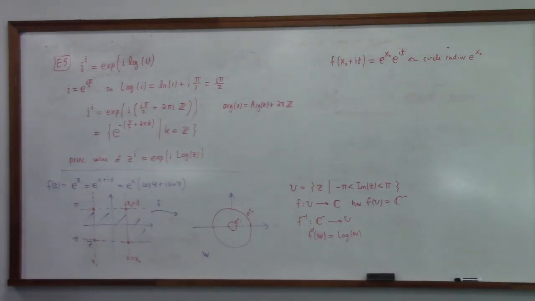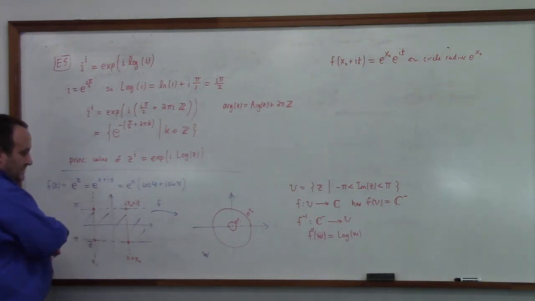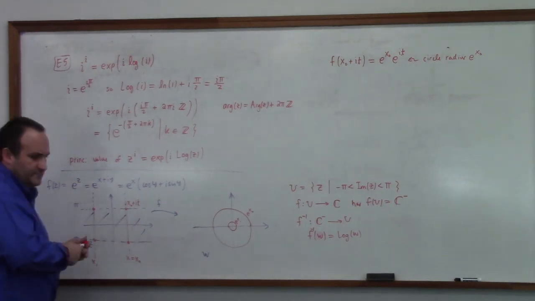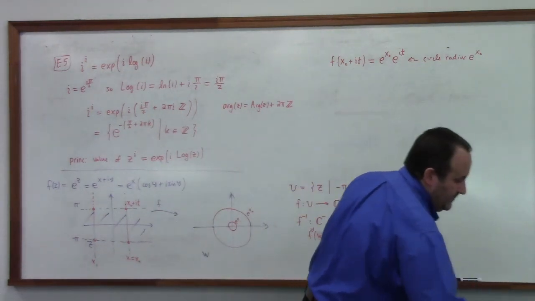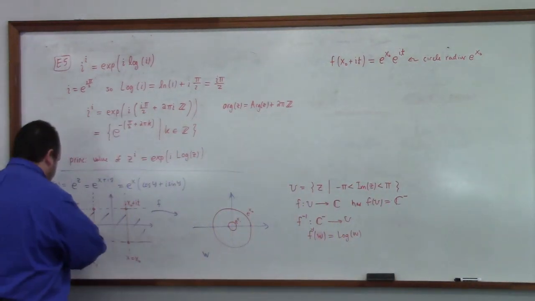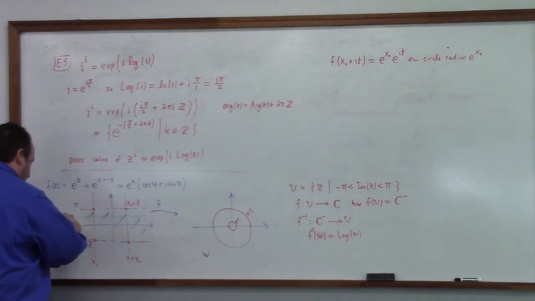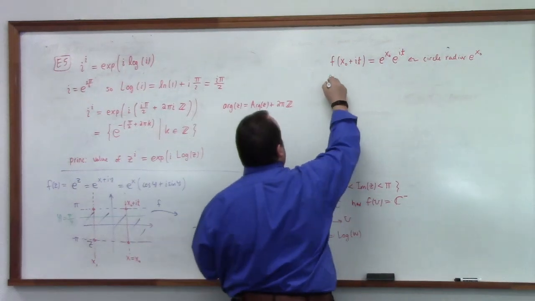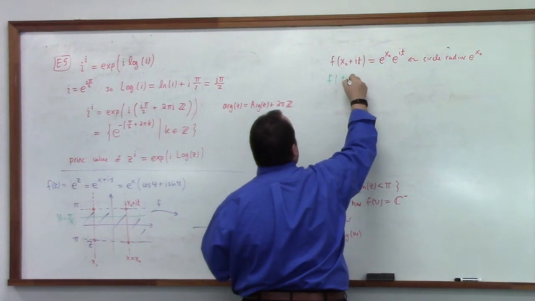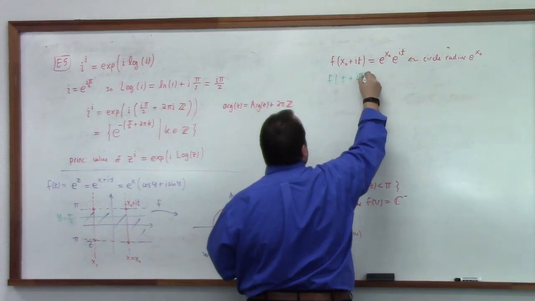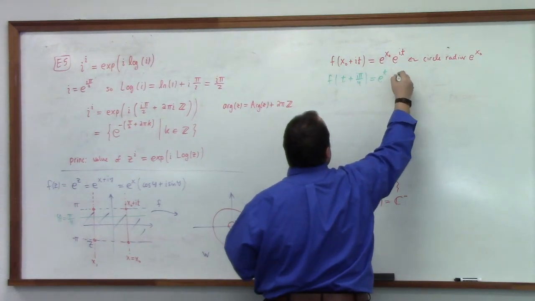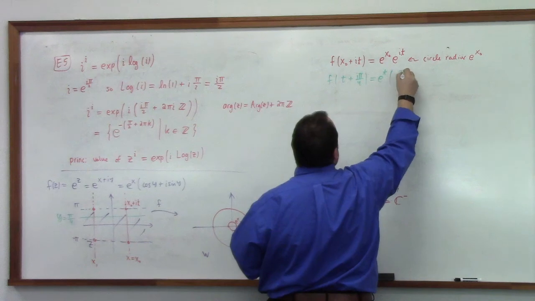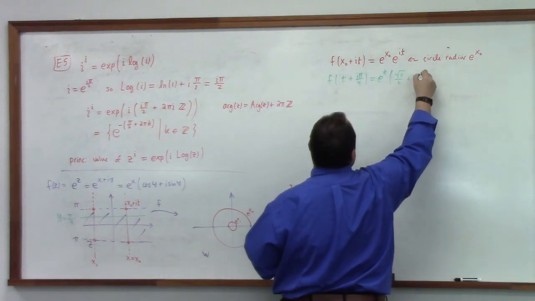And then of course the other question would be, where do horizontal lines go? So if you look at a horizontal line, y equals, pick whatever you like, y equals pi over 4, where does that go? To figure that out, you do something like f of t plus i pi over 4, which is e to the t times square root of 2 over 2 plus i root 2 over 2.